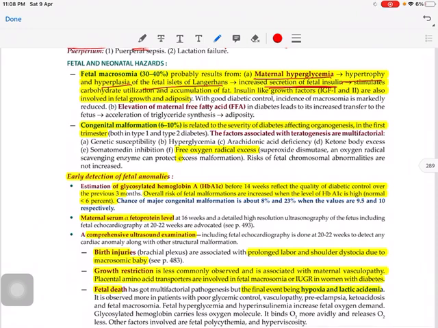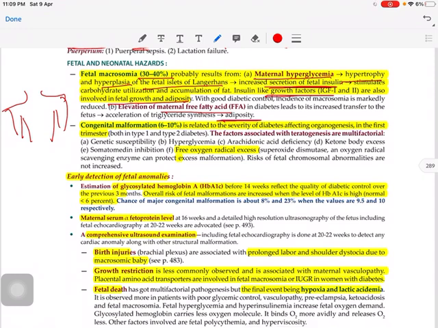This insulin acts like a growth factor and increases fetal growth and adiposity. Also maternal free fatty acids are increased, which causes adiposity, and it is deposited in the shoulders and the abdomen region. Therefore shoulder dystocia is common. 30 to 40% of people have fetal macrosomia.